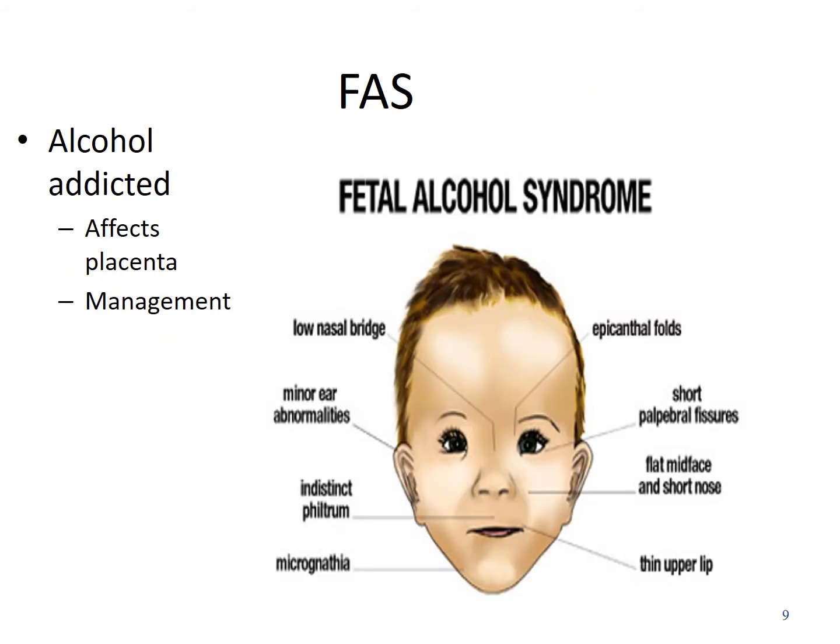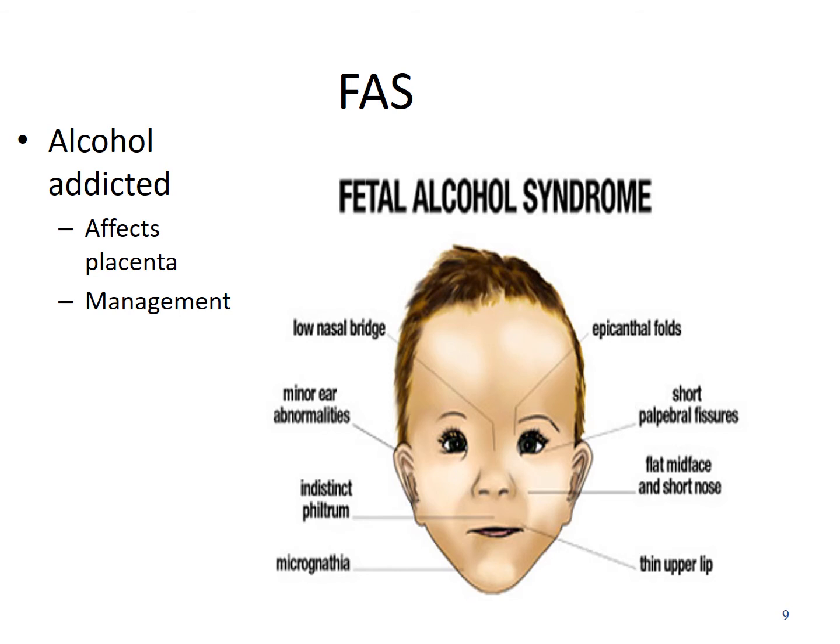So let's talk about fetal alcohol syndrome here. Alcohol addiction affects the placenta and how well it works. So knowing what we know about the placenta and all the things that it provides for our babies in utero, let's see what some of the signs could be after the baby is born. Of course, we're going to see IUGR.